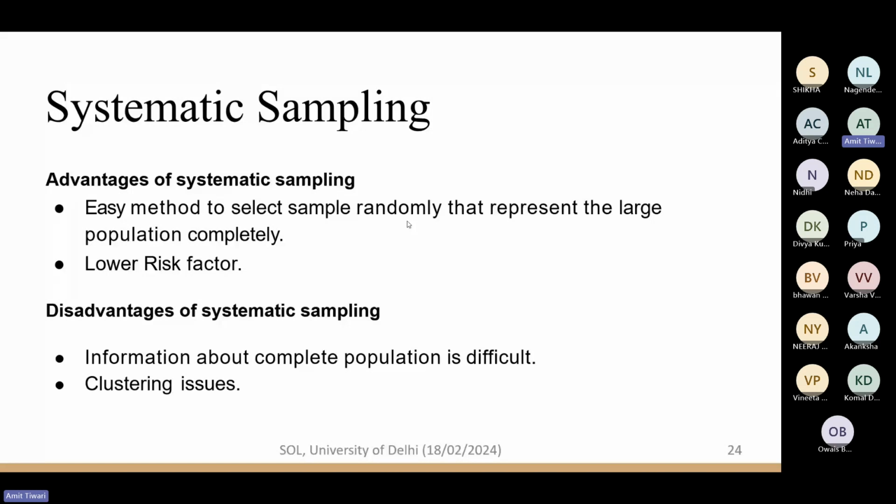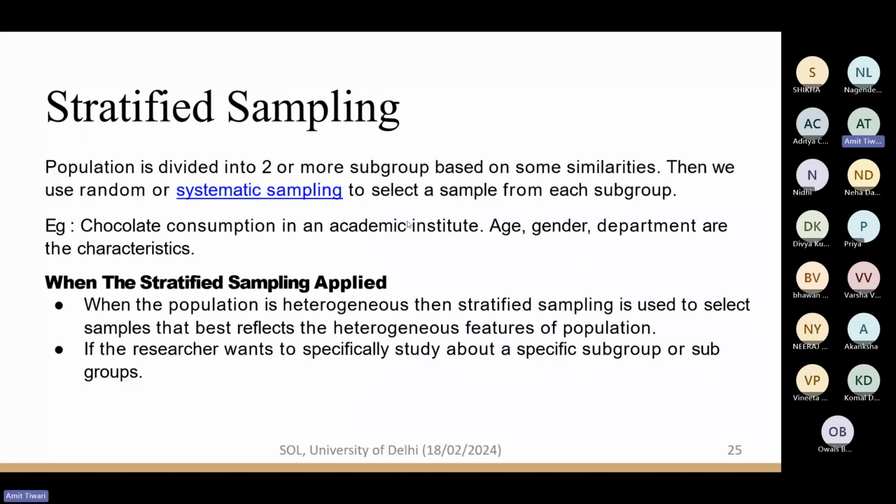This issue is also one of the issues. Another one is stratified sampling. This is also a probability sampling method. The population is divided into two or more subgroups based on some similarities, and then we use random or systematic sampling to select a sample from each group.